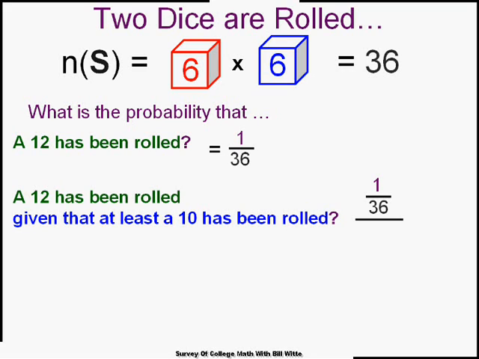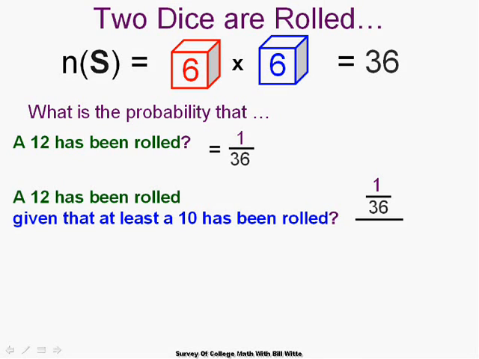What is the probability that at least a 10 has been rolled? How many ways can we have at least a 10? I'm thinking there's 6 ways to get at least a 10. 1 way to get a 12, 6 and 6. 2 ways to get an 11, 5 and 6 and 6 and 5. That makes 3. And then 3 more ways to get a 10: 5 and 5, 6 and 4, or 4 and 6.